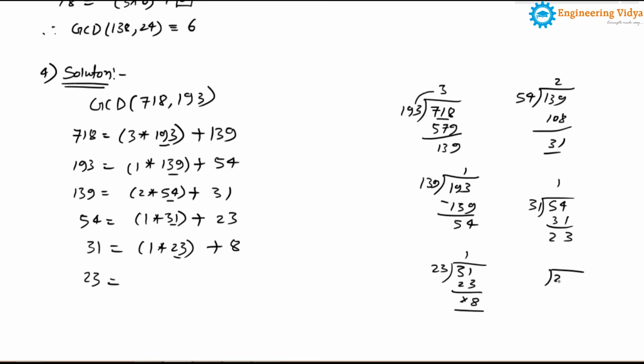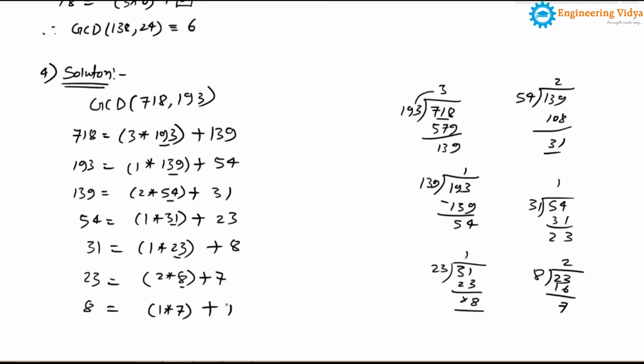Again here we have 23, so 23 will be divided by 8. It will go 2 times, into 8, and 7 will remain. So again here we have 8, so we'll write 8 over here. It can be written as 1 into 7 plus 1.